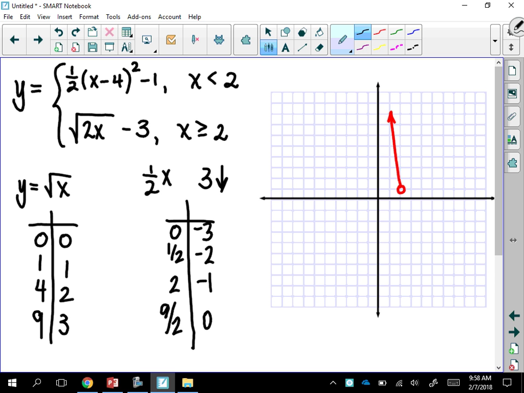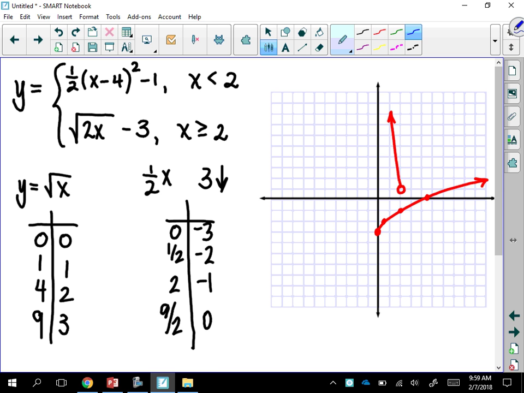So we'll have 0, -3, 1/2, -2, 2, -1, and then 9/2, 0. So here's that square root function. But I don't want the entire function. I only want the part where x is greater than or equal to 2.